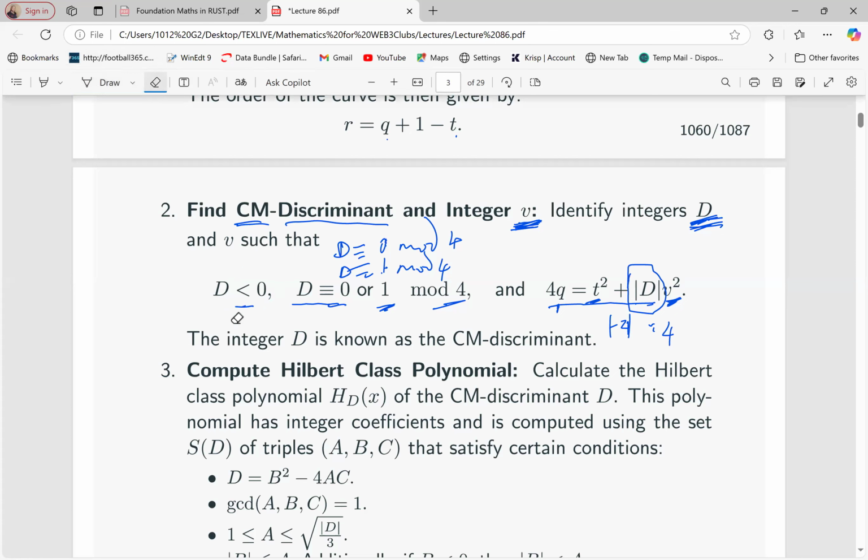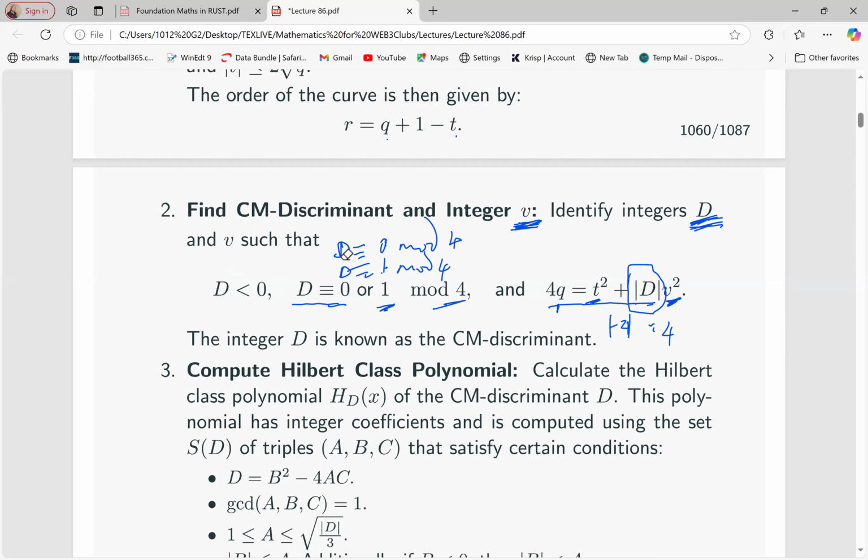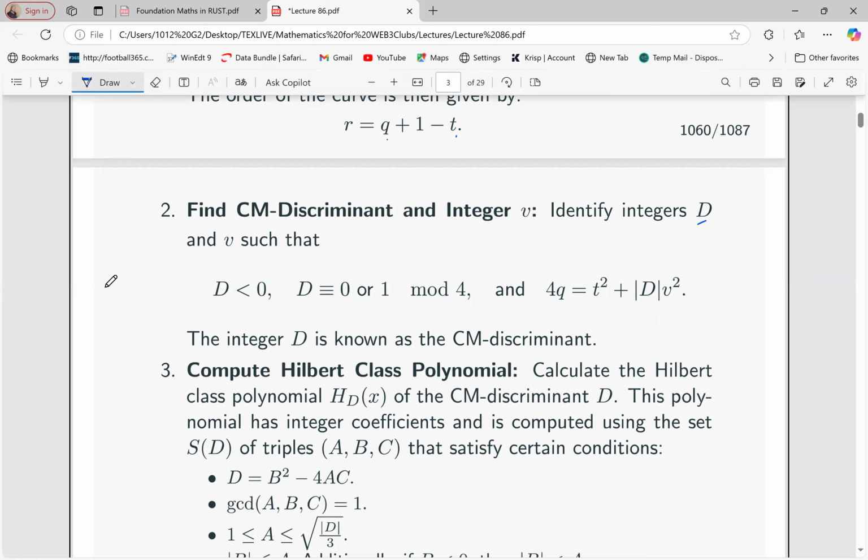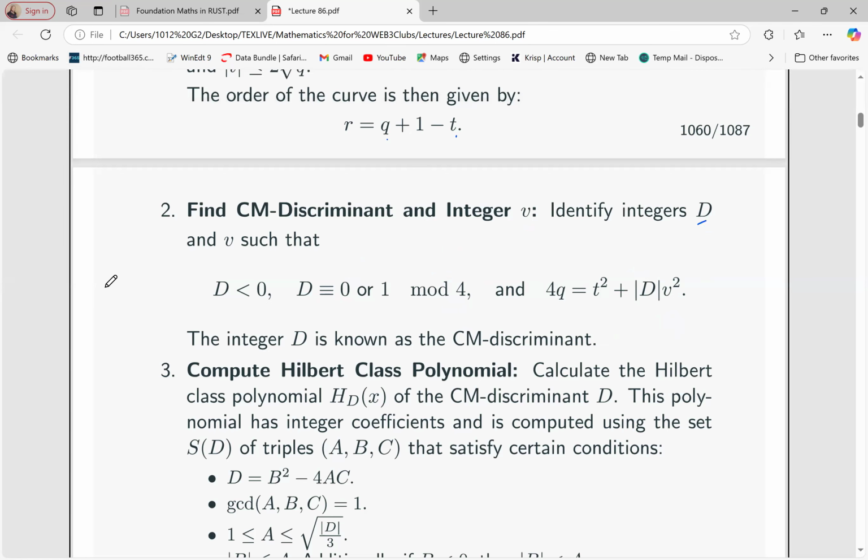So at this point, after you've chosen the number of points you want the elliptic curve to have, and the field you want it to be in, you proceed and find D, the complex multiplication discriminant, and at the same time find an integer V. And these are the properties that will assist us to find D and V. More so this one.